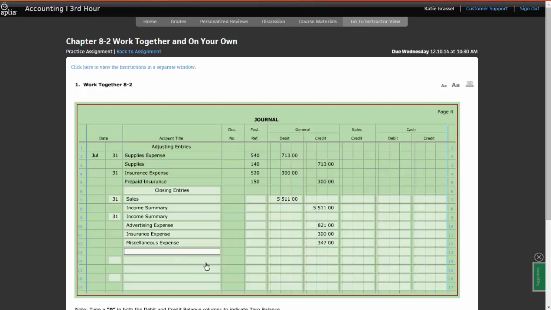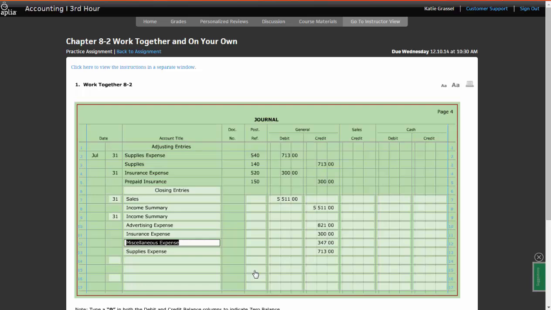And again, we are crediting them because we need to get them to a zero balance. I have supplies expense, which is going to be credited $713. So this is an example where I have multiple lines that I'm using in my journal. I have several credits, and I'm only going to have one debit.